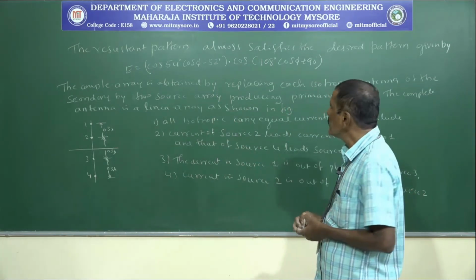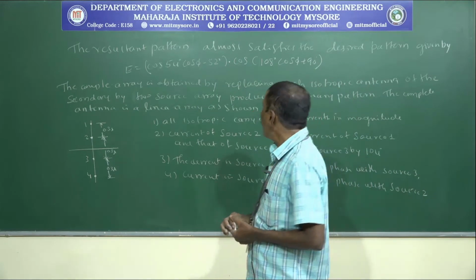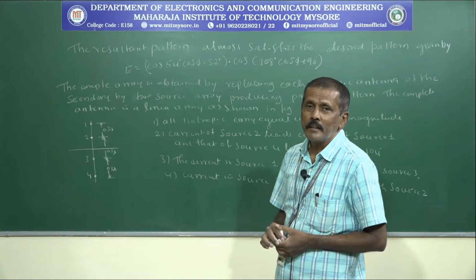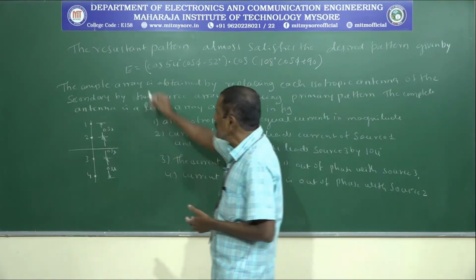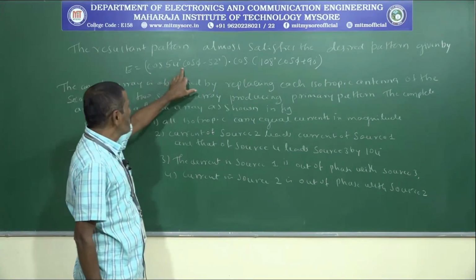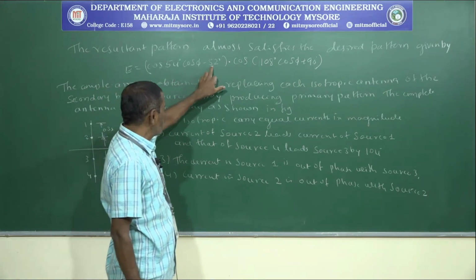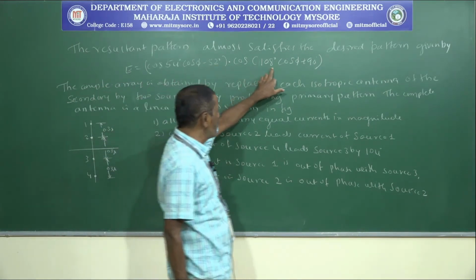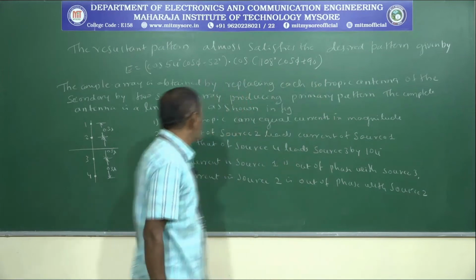The resultant field pattern almost satisfies the desired pattern. Therefore, the resultant pattern E equals cos of 54 into cos phi minus 52 degrees, into cos of 108 degrees into cos phi plus 90 degrees.